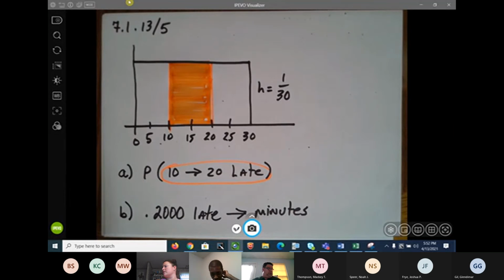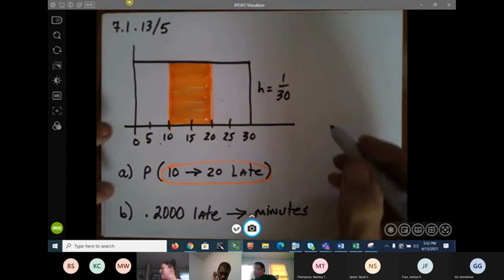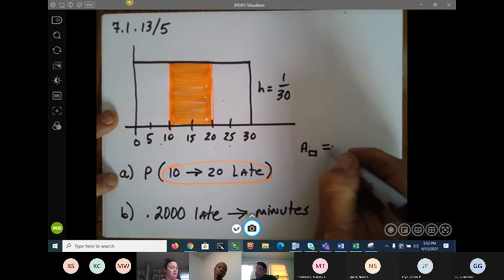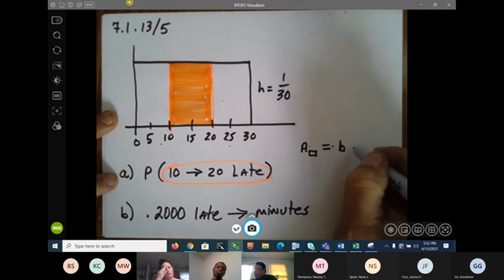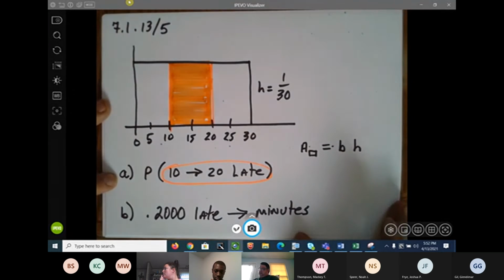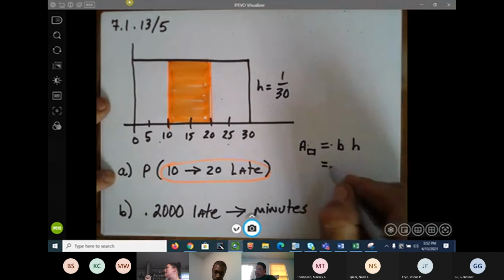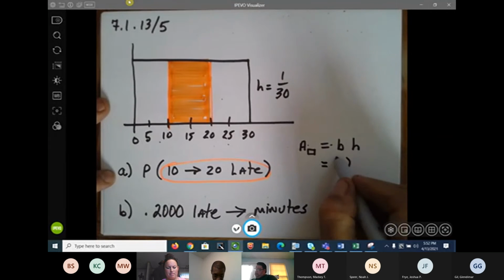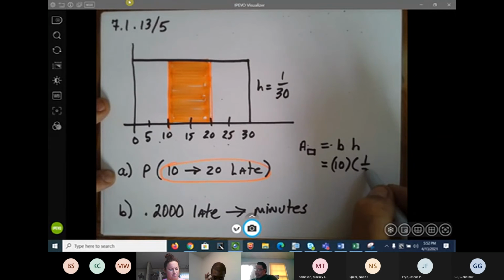So we take our handy dandy pre-algebra formula. Area of a rectangle is equal to base times height. And that's going to be base is 10 and height is 1/30.